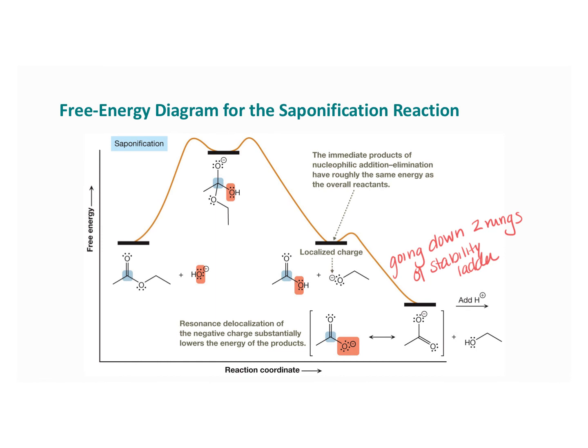And that's a very energetically favorable process. It's then the subsequent acid workup where we add the proton back to get the carboxylic acid. All right, so that concludes our discussion of a saponification reaction. In the next screencast, we're going to talk about carboxylic acids from amides and the Gabriel synthesis of primary amines.